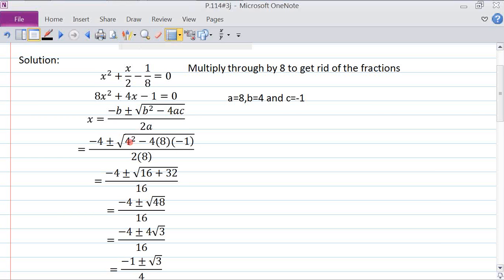So here we have 16, here we have plus 32, and the denominator, of course, is 2 times 8, so that's 16. So 16 plus 32 is 48.